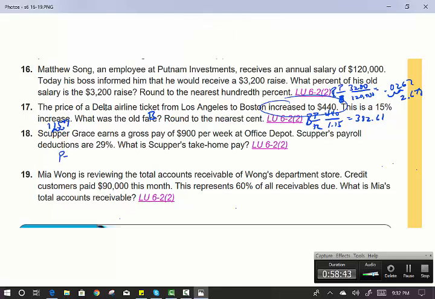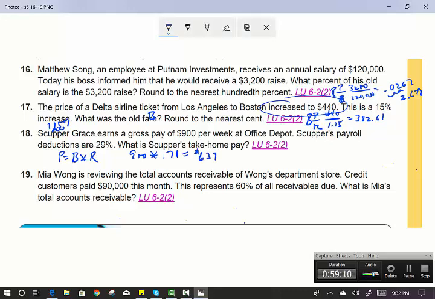Part is equal to base times rate. So that's going to be his gross salary of $900 times 0.71, after you move the decimal point 2 places to the left. And the reason that we're using 71 is because we're looking for his take-home pay. And 900 times 0.71 is equal to $639.